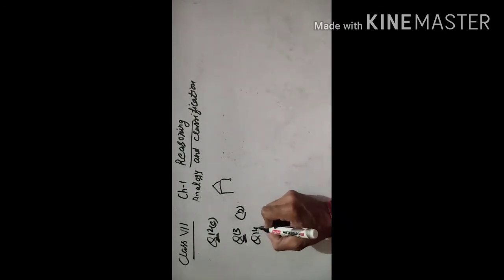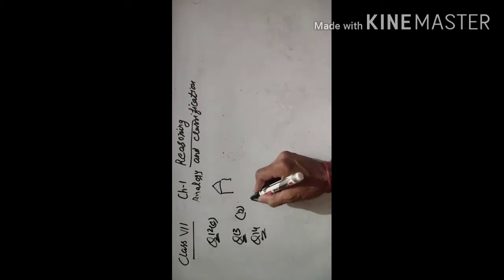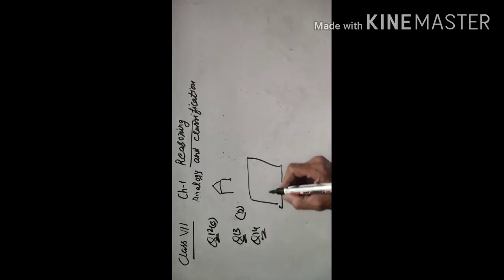And question number 14. There is a hexagon and inside a pentagon in the shape of the hexagon. One side is open at the right and then one side is reduced to a pentagon. Now the next is a square.